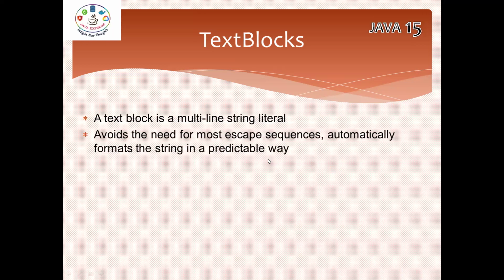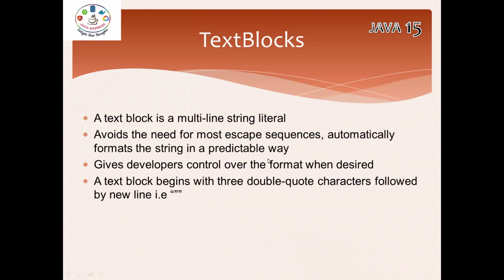It will automatically format your string as per your expectation. Basically it gives the developer control over the format. Whichever format you want, you can display your data without using \n escape characters.